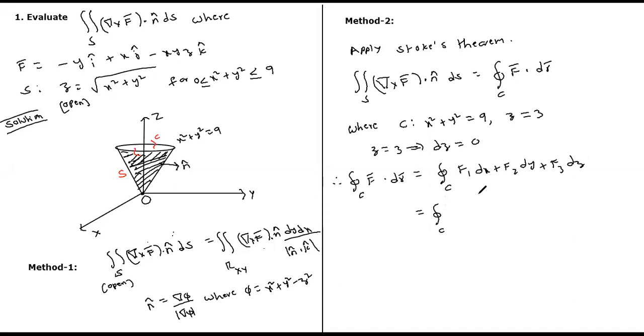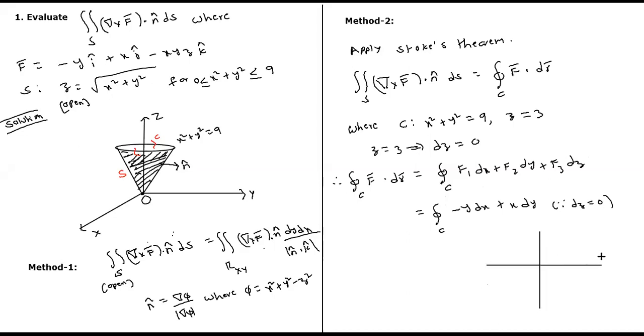The first component, minus y dx, plus f2, which is x dy. That's it, since dz equals 0. Now how do you evaluate this integral? You have to integrate over a circle.